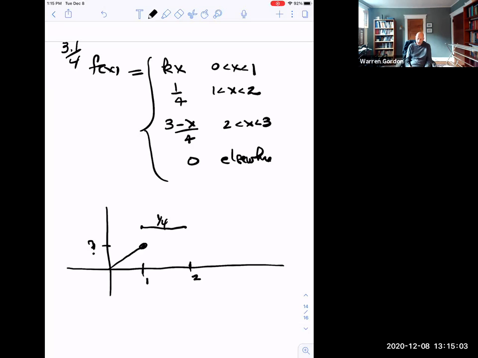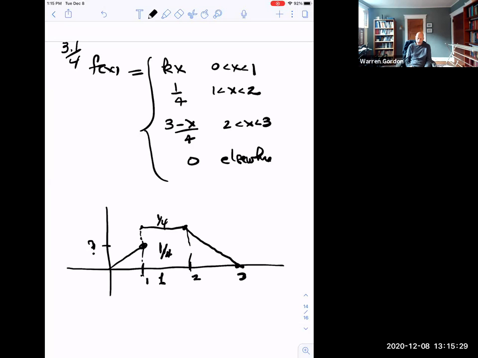At 2, this would be 1/4. And at 3, this would be 0. Okay. And it's 0 everywhere else. So let's pretend it looks like this. I don't know whether there's a jump here or not. But here's what I do know.